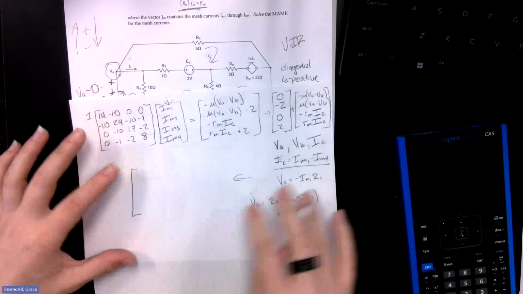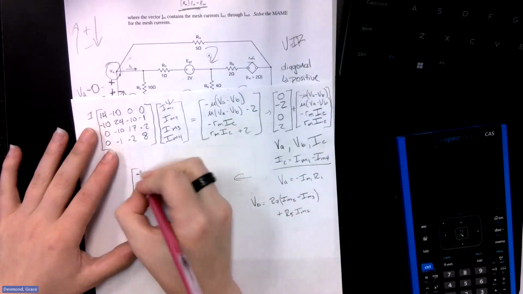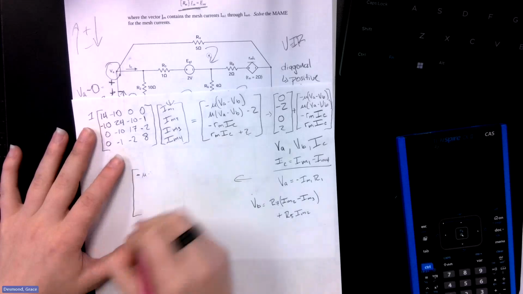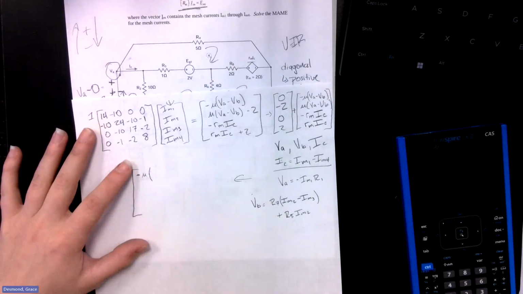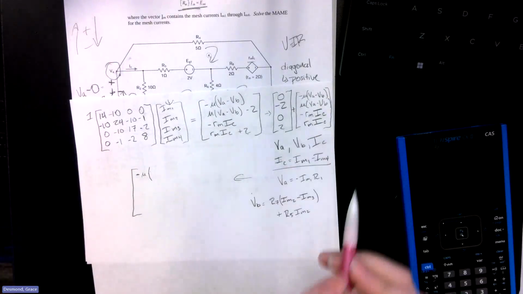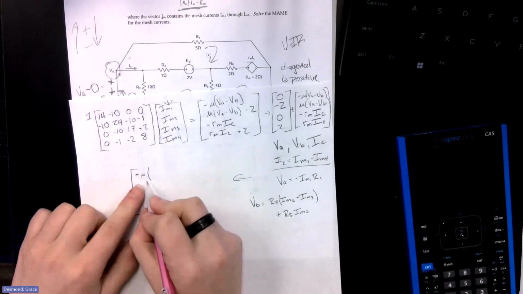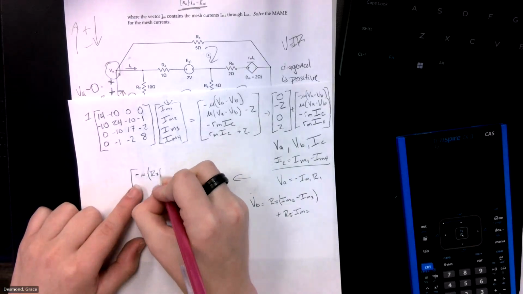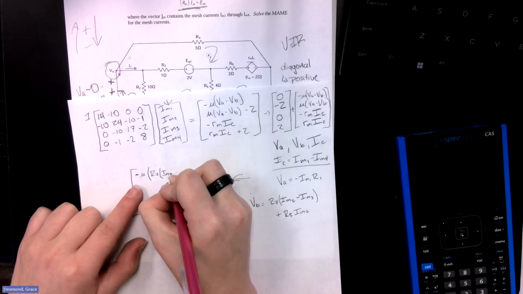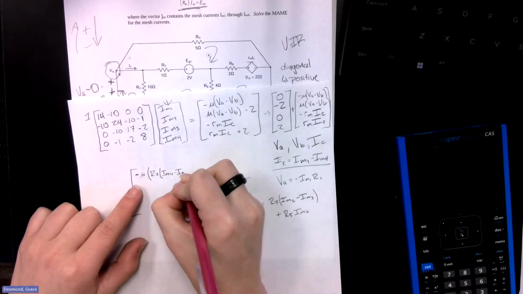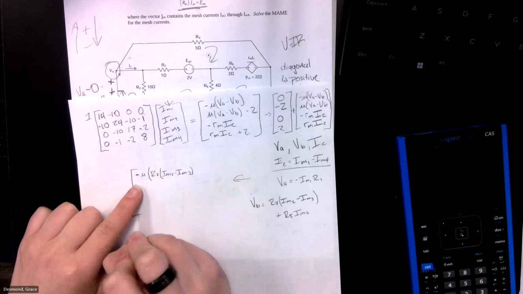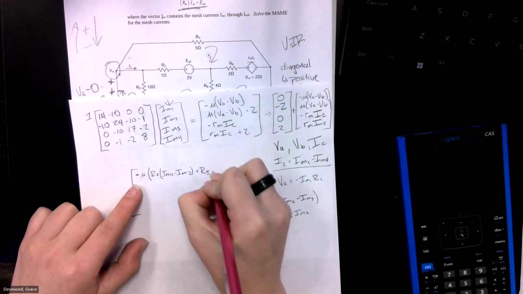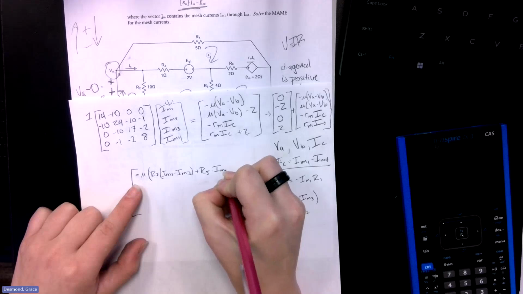So negative mu times big parentheses. Make sure you write your parentheses if you have a variable and then subtraction. So big mu times R7 times IM2 minus IM3 plus 5 times IM2.